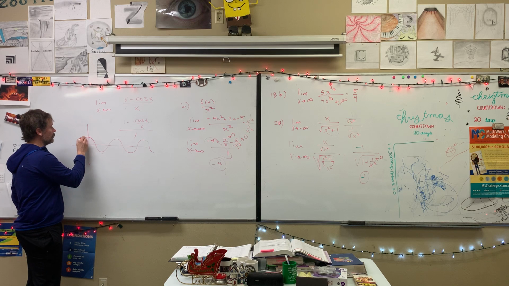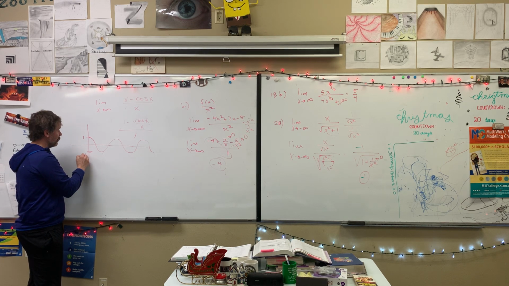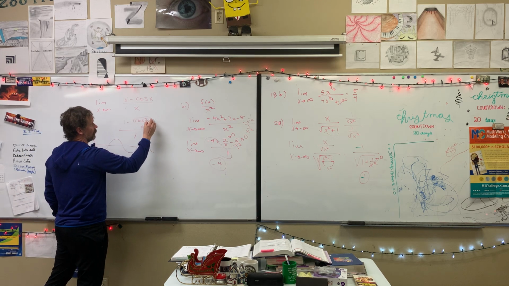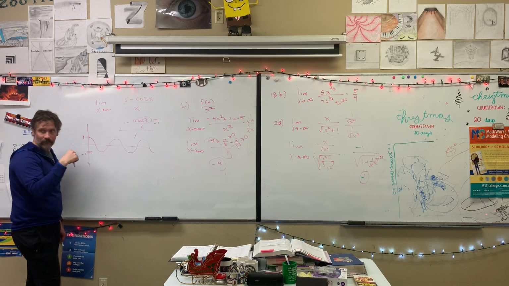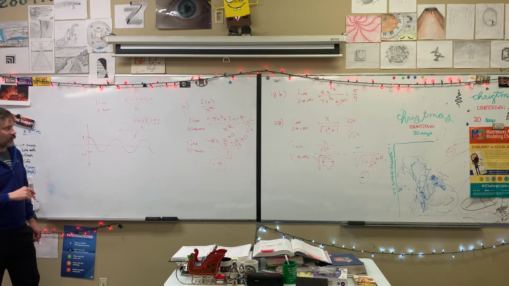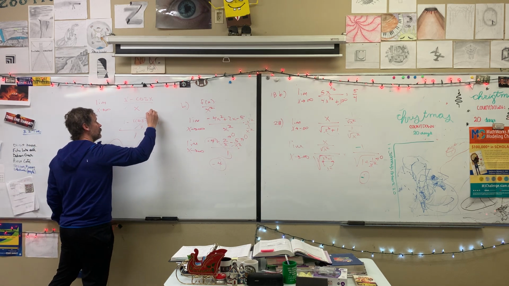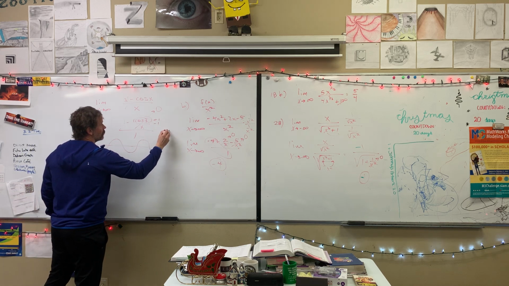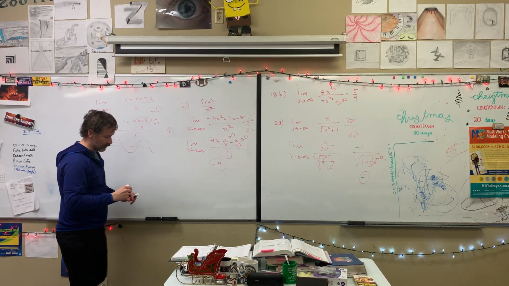You're only going to be getting out between 1 and negative 1. So no matter what you're plugging in here, you're only getting out a max of 1 or a minimum of negative 1. So 1 divided by infinity, or negative 1 divided by infinity, is just going to go to 0 as well. So then you're just left with 1 over 1. So the answer is 1 on that.